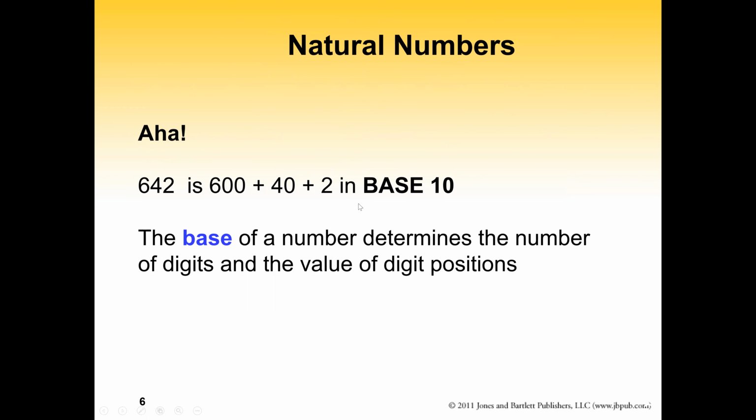That's why it's called decimal, because dec means 10. A decimal number's base is 10 because it has 10 digits. And that's what we say: the base of a number determines the number of digits and the value of digit positions. So if a decimal number has a base of 10, that determines that it has 10 digits from 0 to 9.